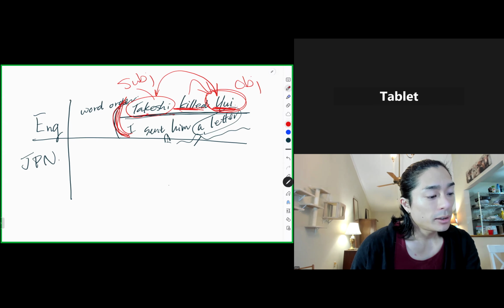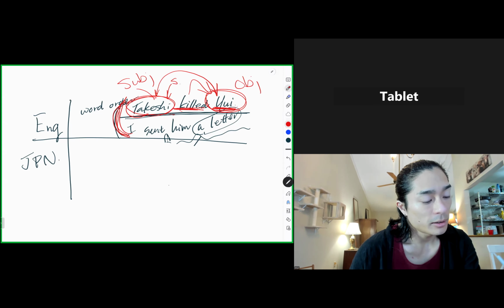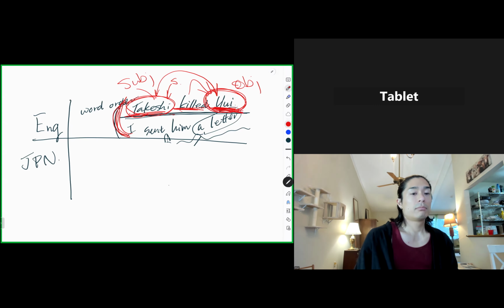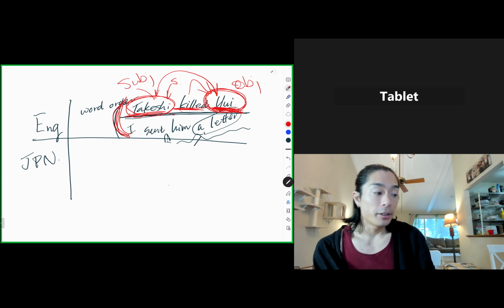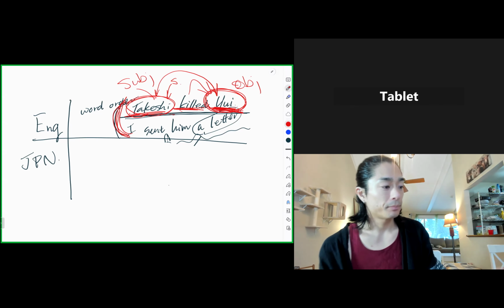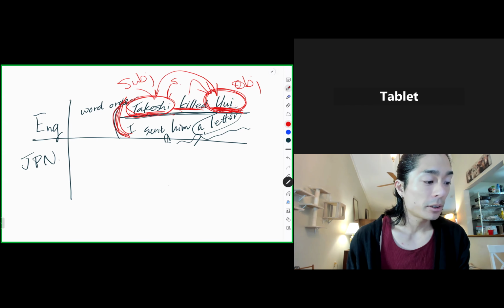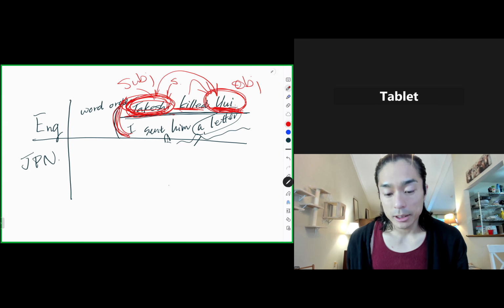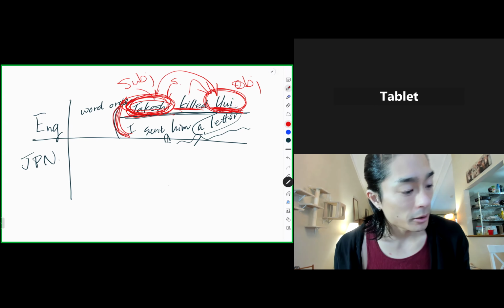In English, we don't need to specify, saying like, hey, Takeshi is the subject, okay, Yui is the object. We don't need to add anything to let people who read your sentence know what you mean, because of the word order. Usually in English, the first noun is the subject, right? So word order does matter.